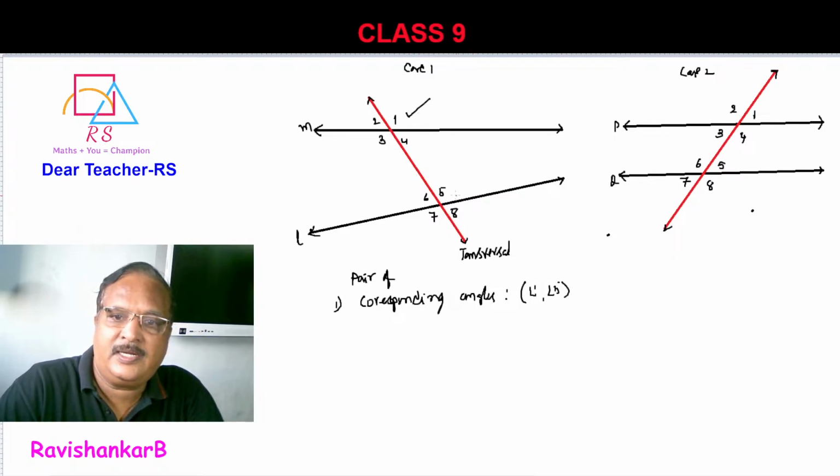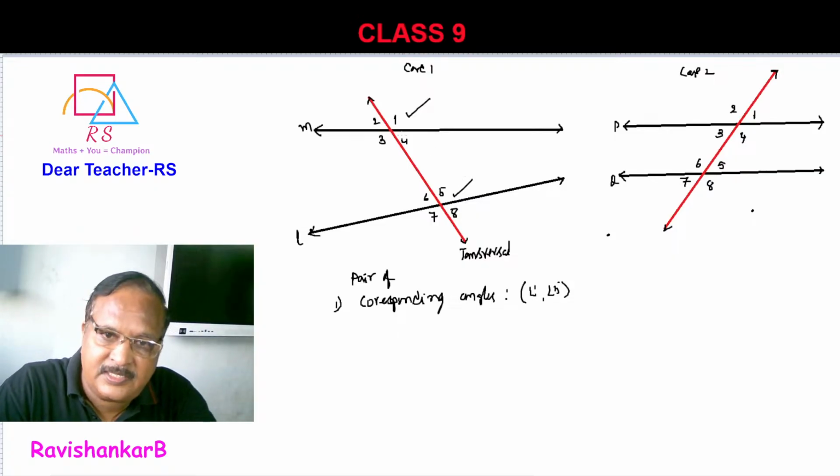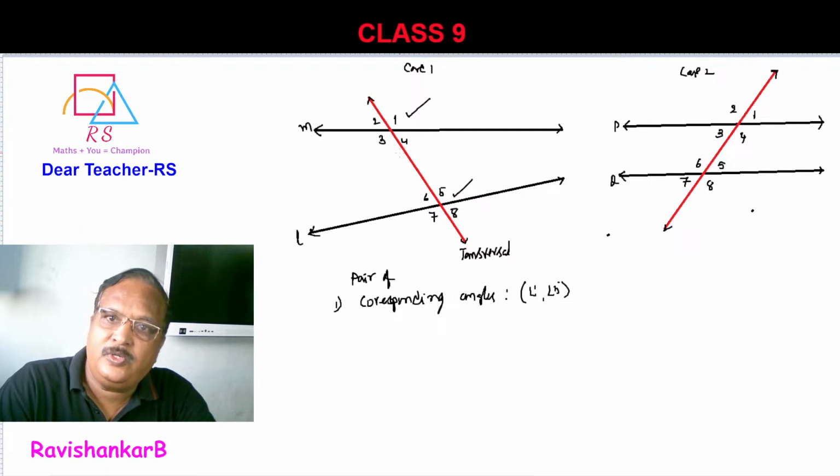These two are corresponding. They should be on the same side of the transversal. एक ही साइड रहना है and दोनों lines के ऊपर रहना है. They have to be above the line. 1 is above the M and 5 is above the line, and they are on the same side.